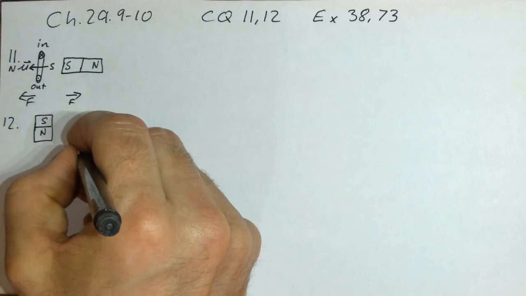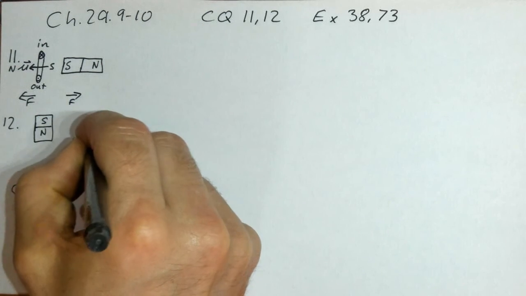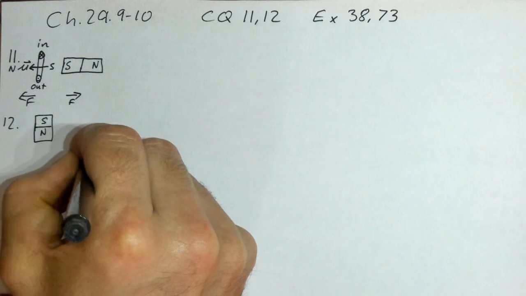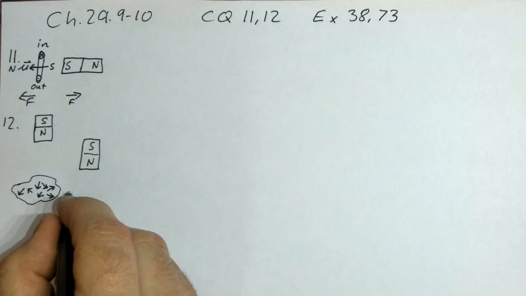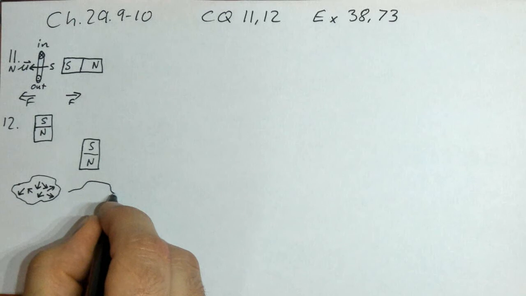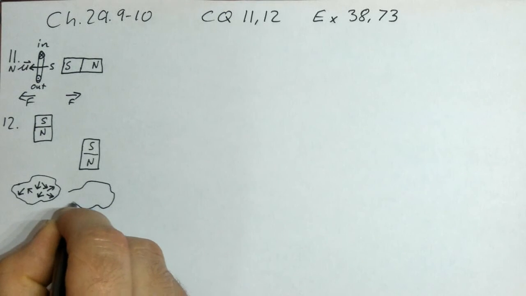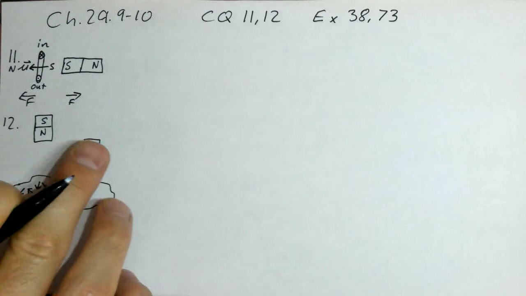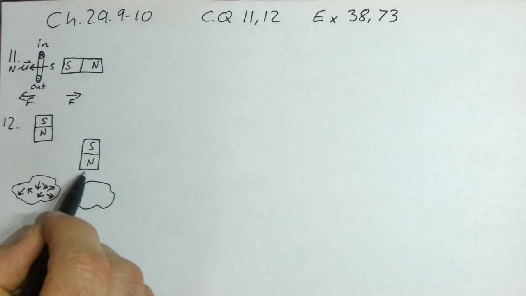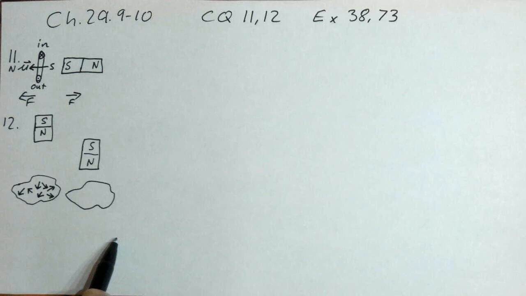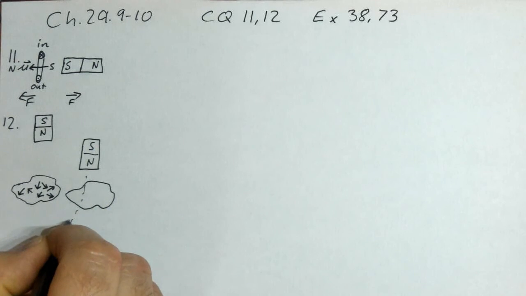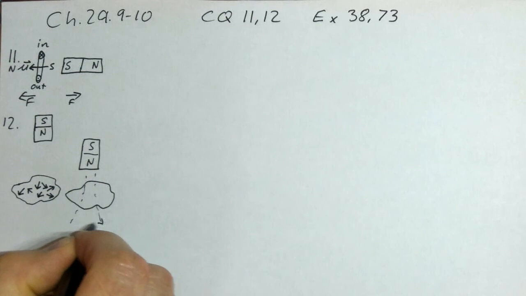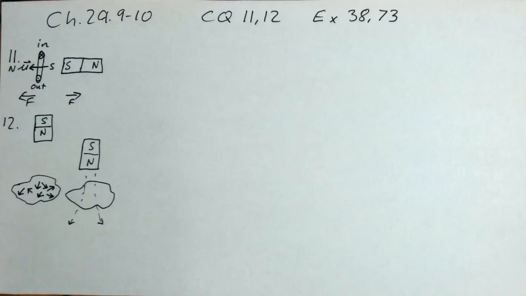All of its dipole moments are all over the place. When you bring that closer, then these all align with the field the magnet creates. This creates a field kind of down. I'm going to draw dotted lines coming out of the north pole into the south pole.